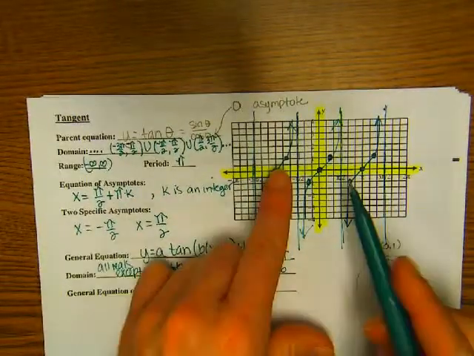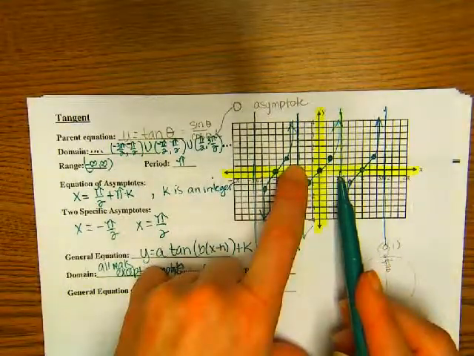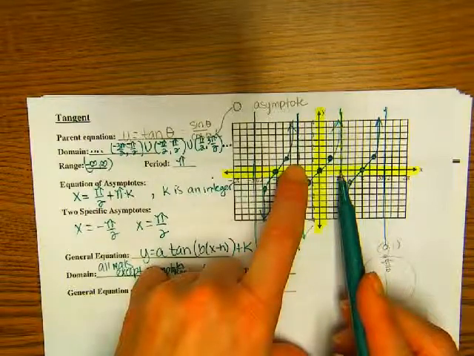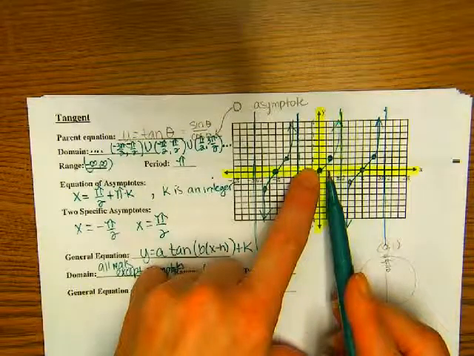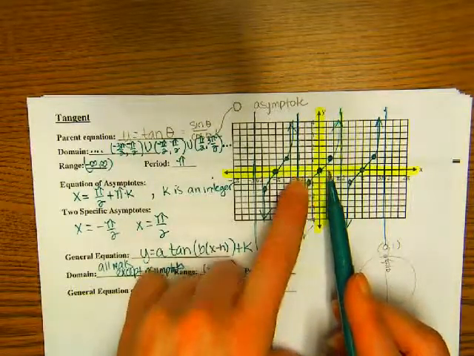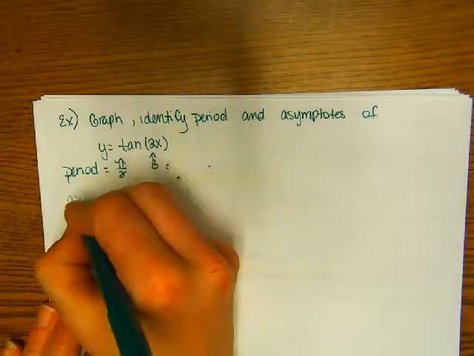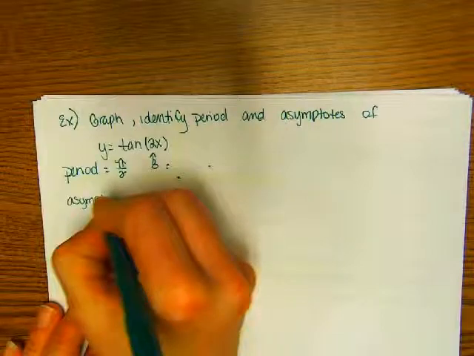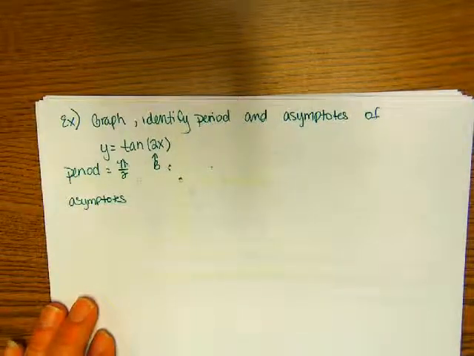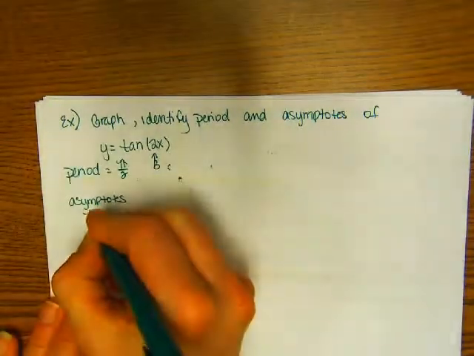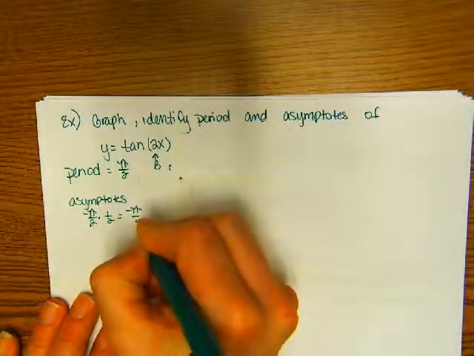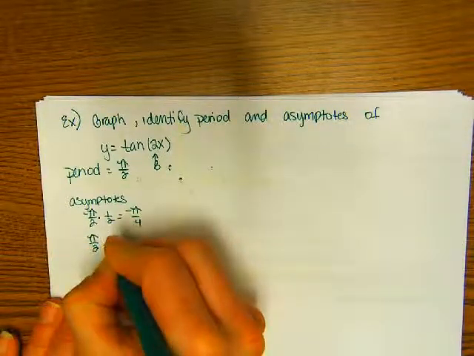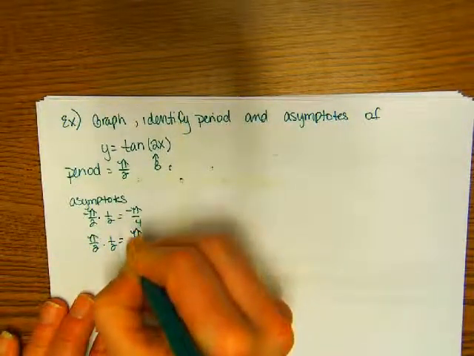Okay. So now let's just look at our old graph a second. If I shrunk these in half, if I took pi halves and I made them half as big, wouldn't they close in like this? And they'd be at pi fourths and negative pi fourths instead? So instead of, I'm going to just write this down, the asymptotes all get half as big. Half as big means like I multiply by 1/2. So negative pi halves times 1/2 is negative pi fourths, isn't it?